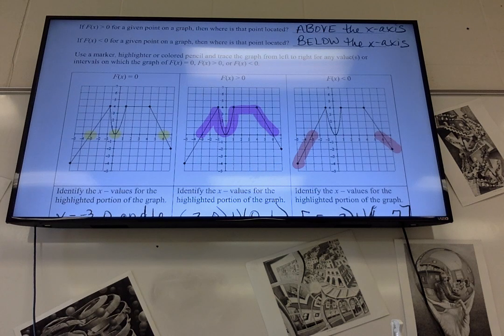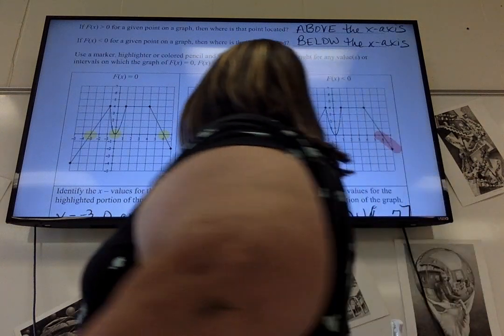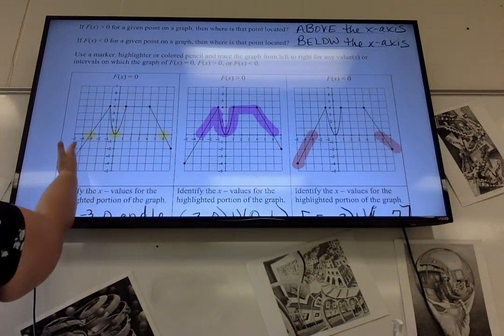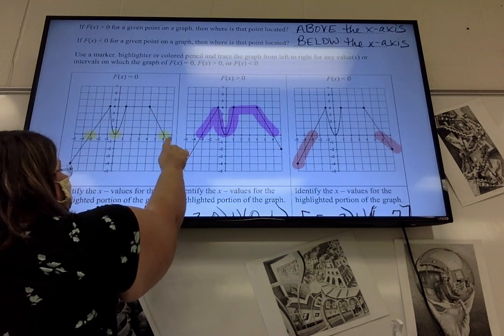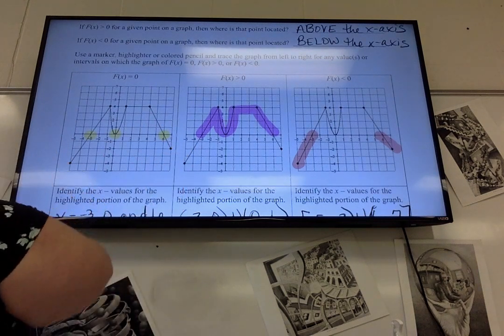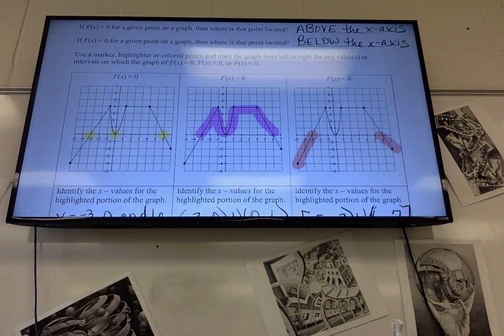So Tyler, what did you get for the domain? -5 to 7, including both. Yes. You look at the x's. Notice the x's go from here, -5, all the way across to 7. And both of those are filled in circles, so it does include both endpoints.